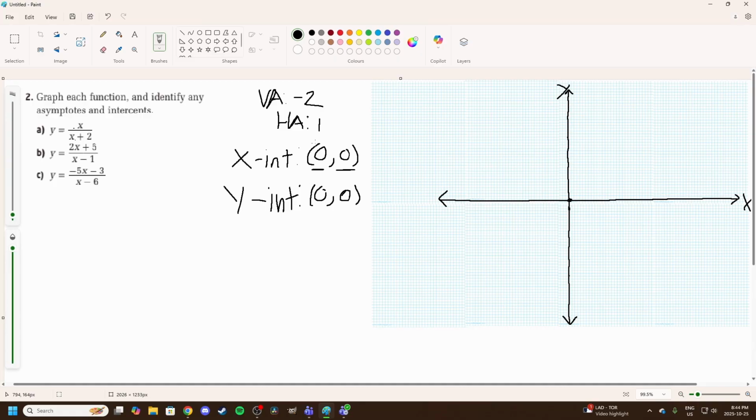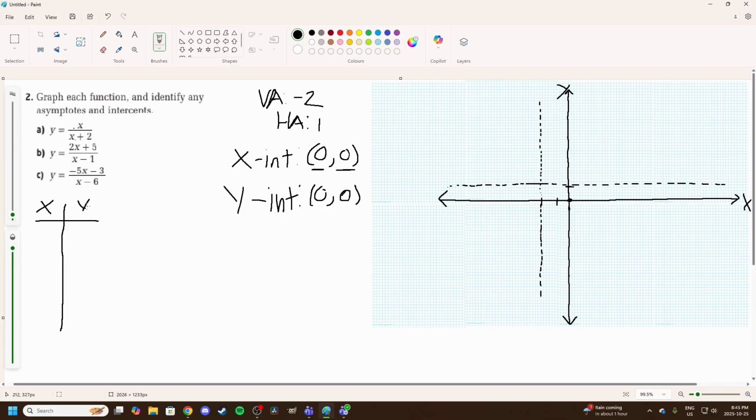Cool. So let's start to graph this. Obviously, that brings us to the question of what the values are when we graph them. So let's use our table of values. x: -2, -1.5, -1, 0, 1, 1.5, and 2.